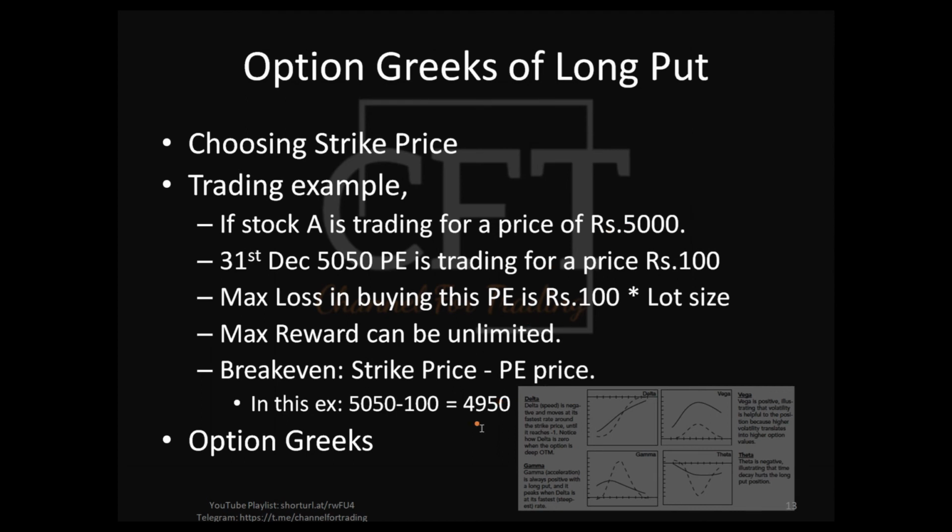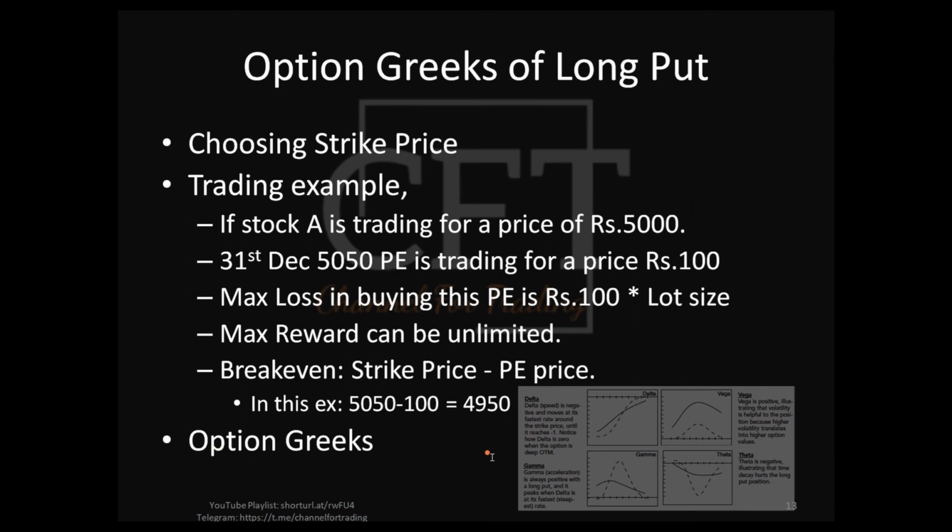Okay, even if it is 1 rupee or 0.5 paise above this price, that means it is 4950.5, then also the entire premium whatever we are going to pay will become 0 on the day of expiry. Okay, only if it is exactly reaching 4950 or even lesser, we will either be in break-even or we will make a profit.